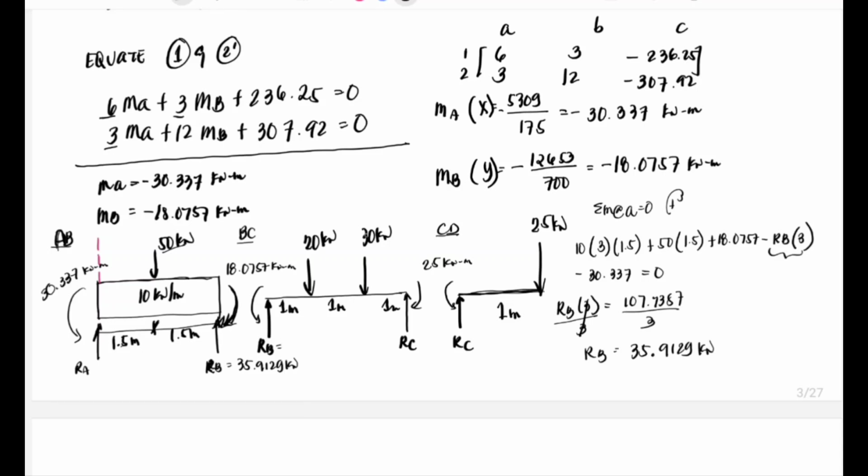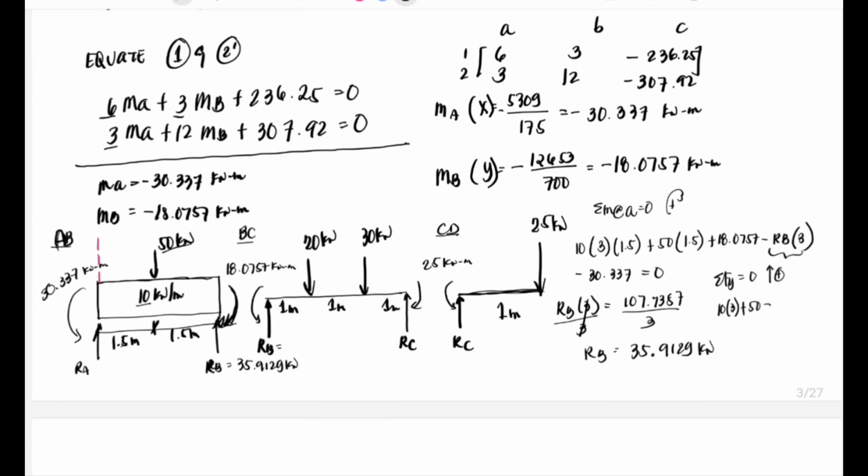Okay, magkaiba sila kasi magkaiba yung loadings. So, right after natin makuha nyan, by means of summation forces vertical, equal to 0, upward po lahat ng positive natin, all you have to do is multiply all the loads. Paano po yun? Meron tayong 50 at meron din tayong 10 multiplied by 3. So, we have 10 multiplied by 3 plus 50.